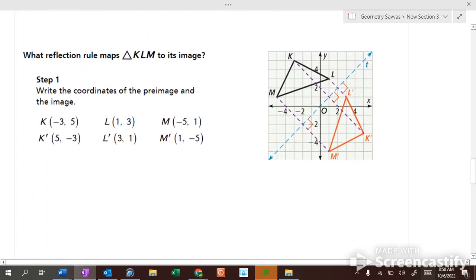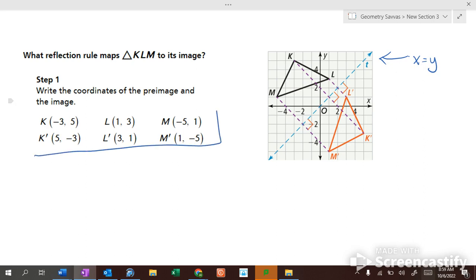All right. The next one is reflecting across the line x equals y. This is the line x equals y. When you reflect across the line x equals y, what's the pattern that you see? What happens to the numbers?